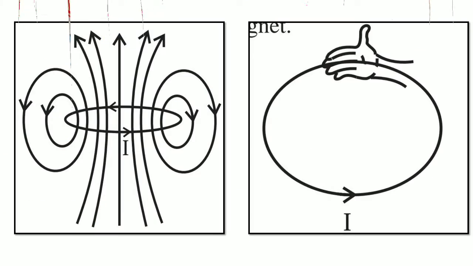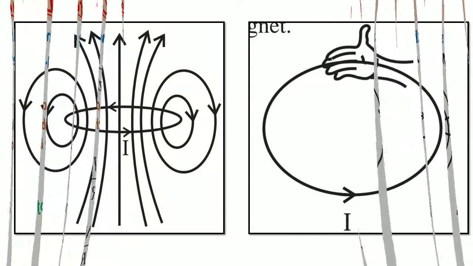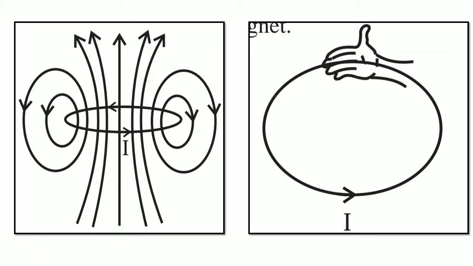Now let's see the magnetic field lines from a circular loop, as you can see on the left side of the diagram. The direction of the field is as per the right hand thumb rule, which I have explained many times.